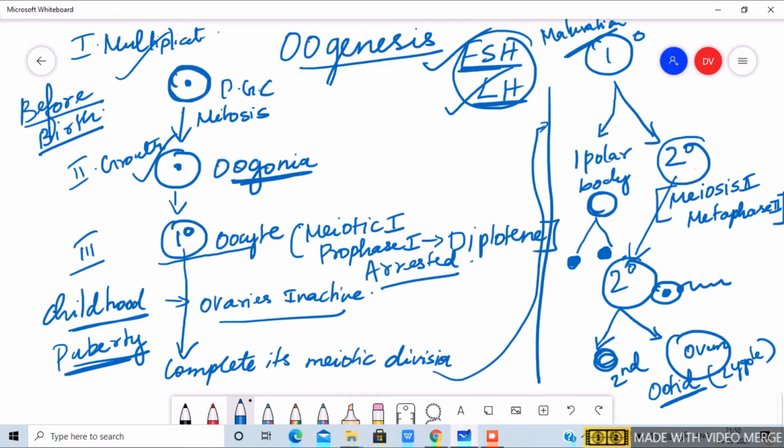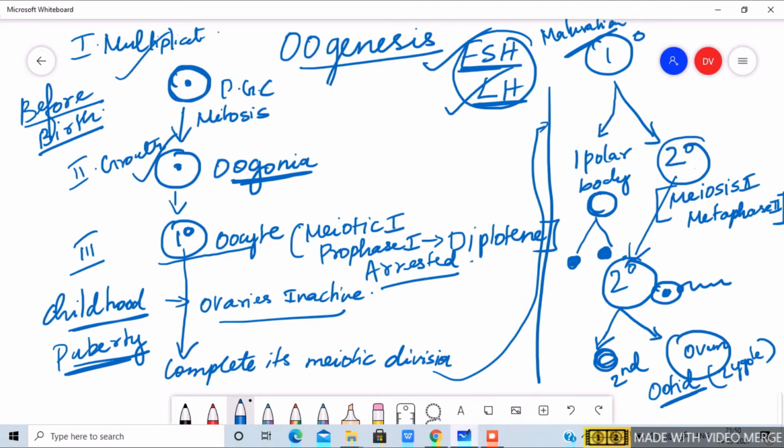When the secondary oocyte is ovulated, that is, when it breaks open the Graafian follicle and is released into the fallopian tube, it waits in the ampulla region. I would have explained that in the last video. When it meets the sperm, it will complete its meiosis 2 and become the ovum, and the second polar body will also be formed.